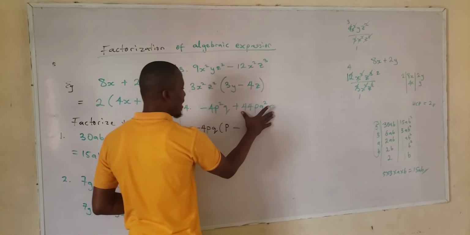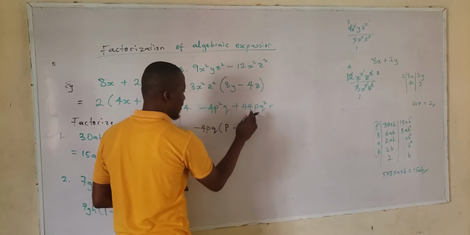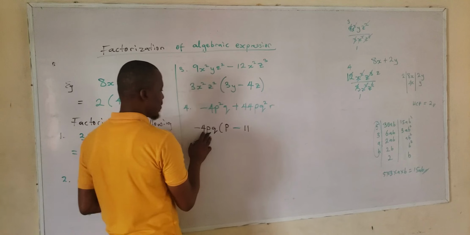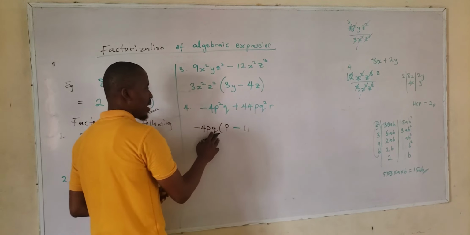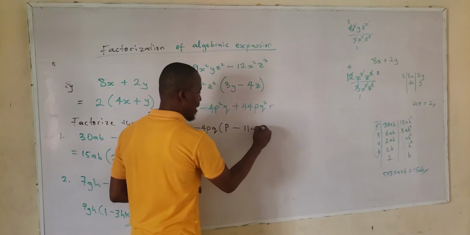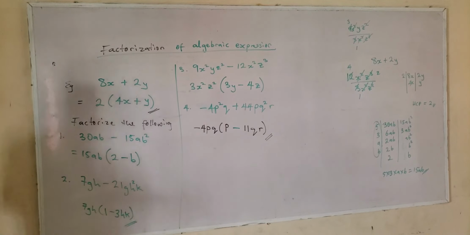Now, when you say this divided by this, you're going to have 11, because 44 divided by 4 will give you 11. P divided by p will go. Then we have q squared here and we have q here. So when you have q squared divided by q, you have one q remaining and r remaining.